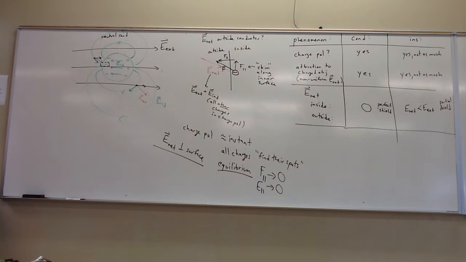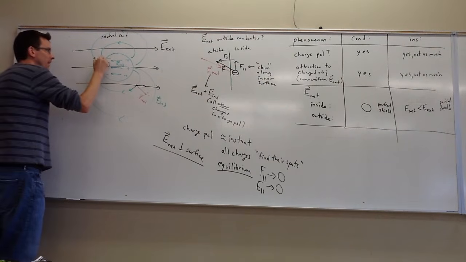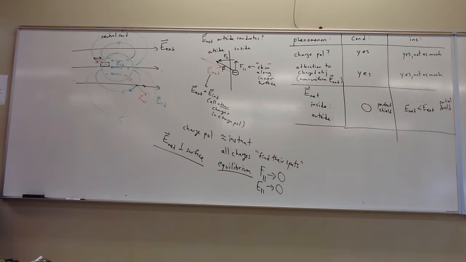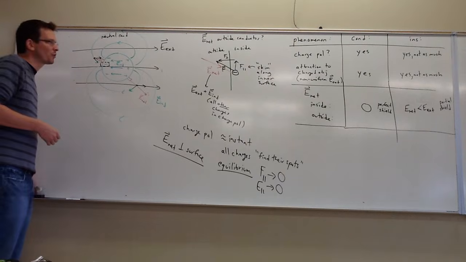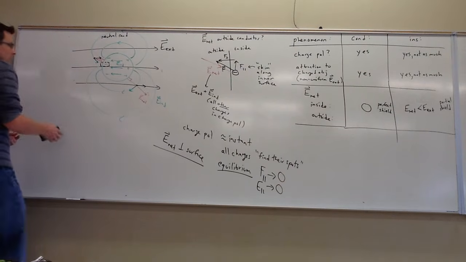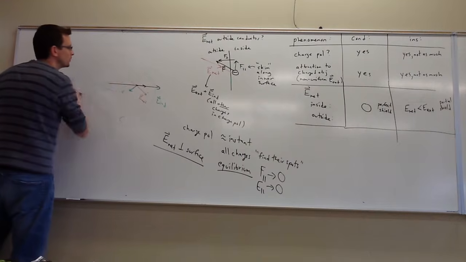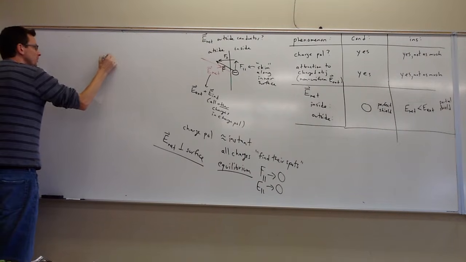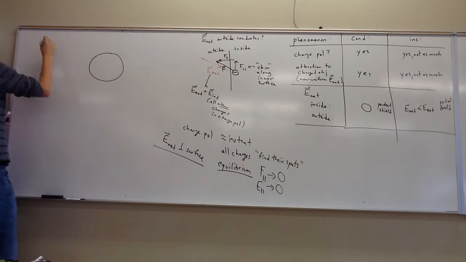Now, that's actually in agreement with what I've found. Notice that these both happen to be perpendicular. But I've been able to reason out why that is. In fact, let me go ahead and draw a cleaner version of this. My cleaner version is going to have only E net.